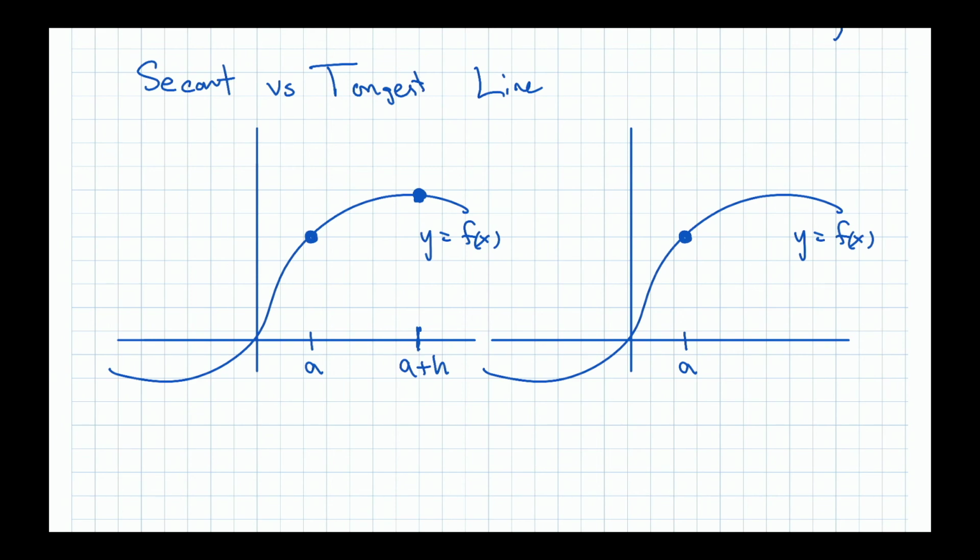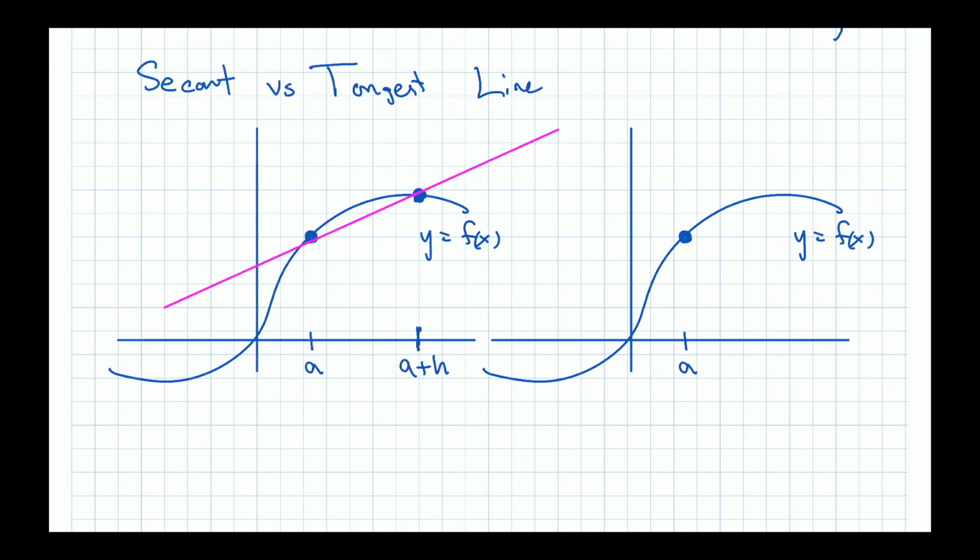Now we know what a secant line is. A secant line is a line that goes through 2 points on the graph. So like, I'm gonna make it straight, like that. Just pretend that that goes through them both. Okay, that's a secant line.